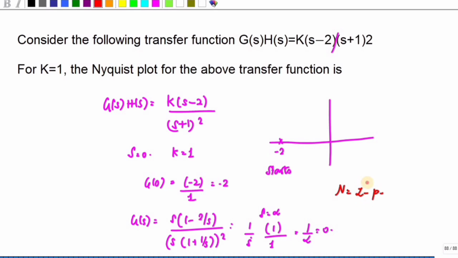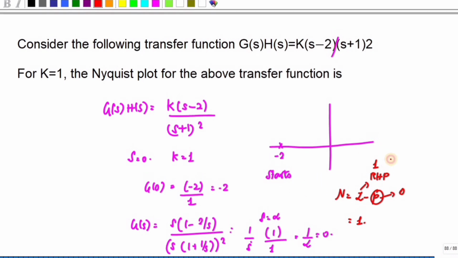So N = Z − P. Z is nothing but the closed loop right hand side poles, and P is nothing but the open loop right hand side poles. So both are 1, so N is equal to 0, right?